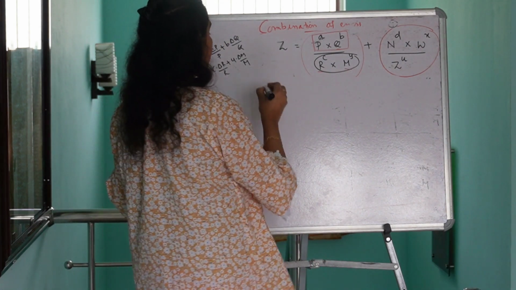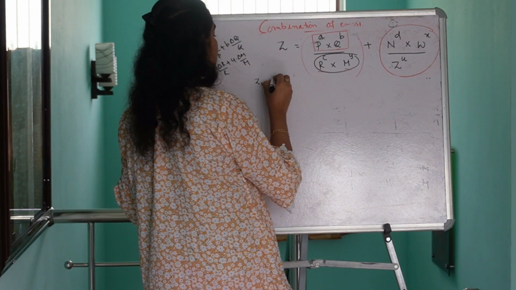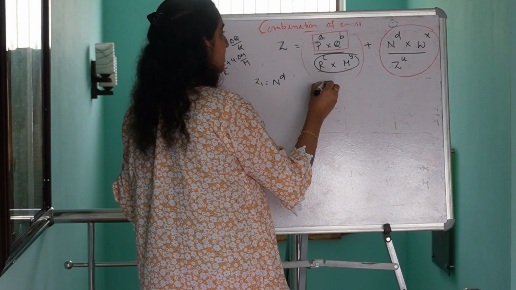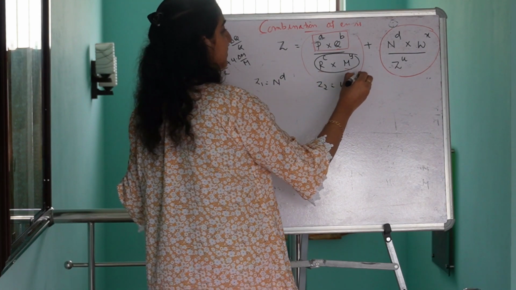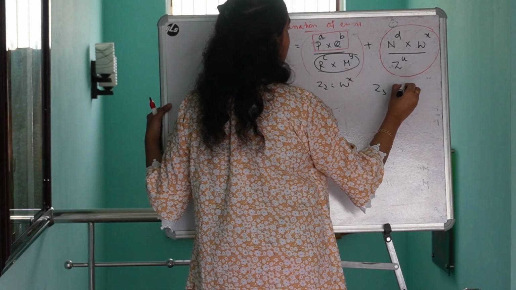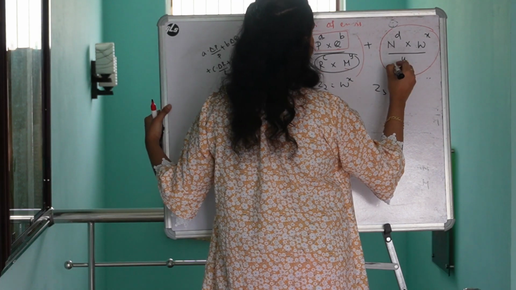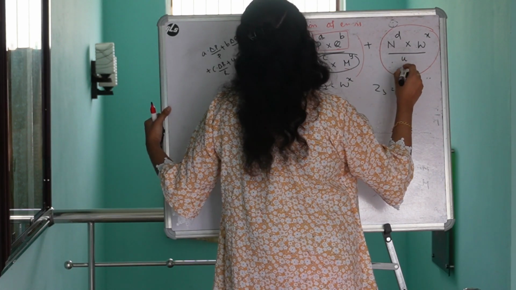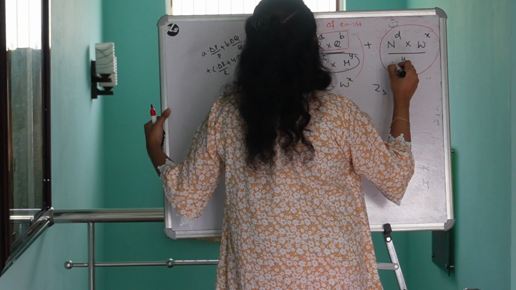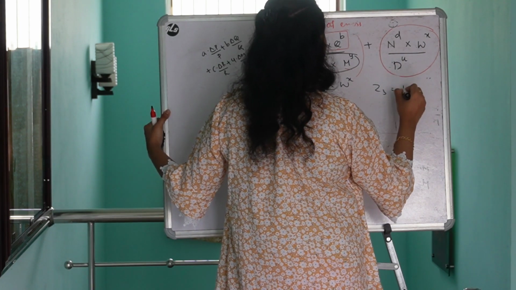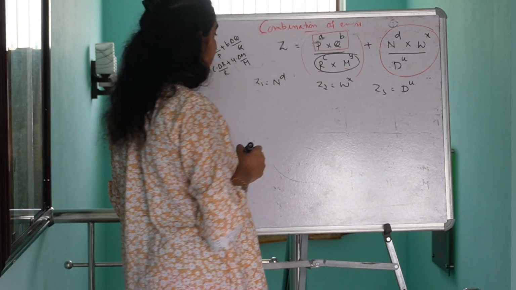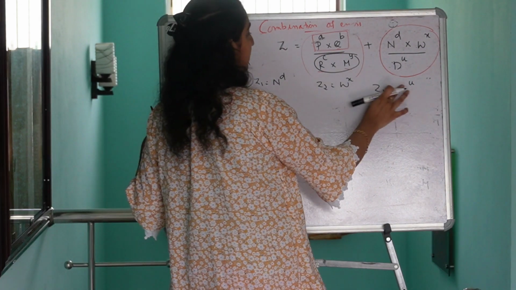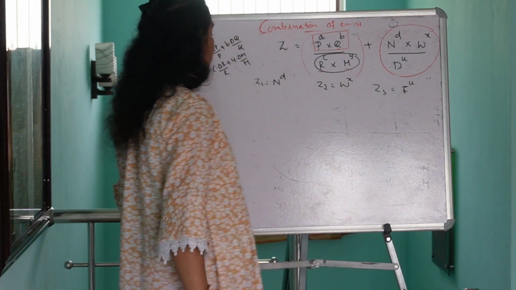Here let Z1 is equal to n power d, Z2 is equal to w power x, and Z3 is equal to f power u.